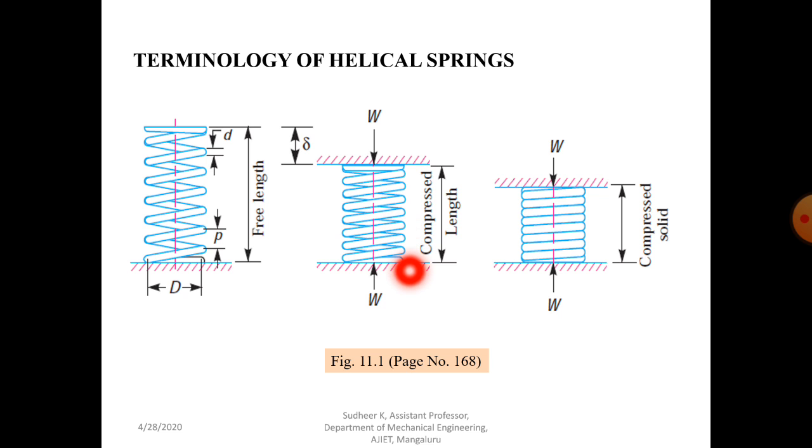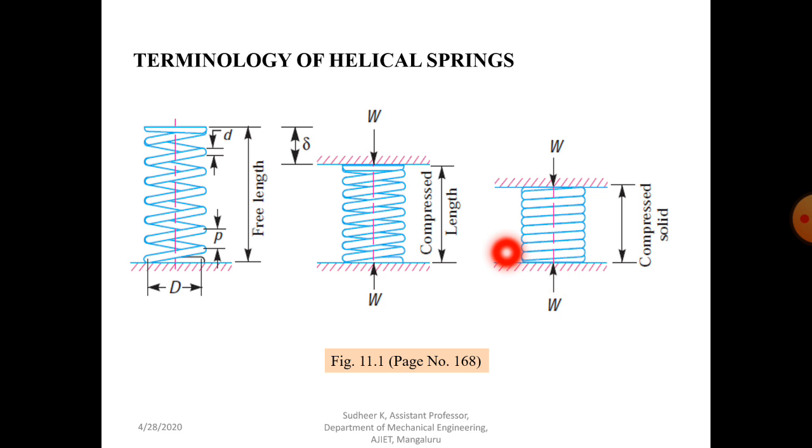So such type of system, and whatever the length you will get, that is called compressed length. Similarly, one more length is called compressed solid. So compressed solid length is nothing but, in the helical spring, the coils should touch each other under the action of a compressive load, so that there is no further deformation in the spring.